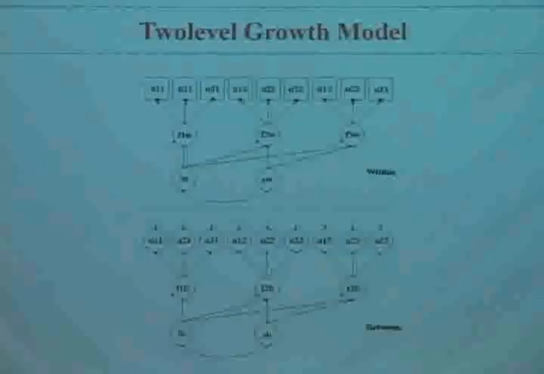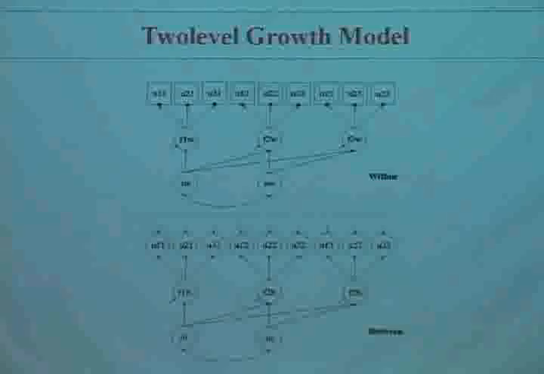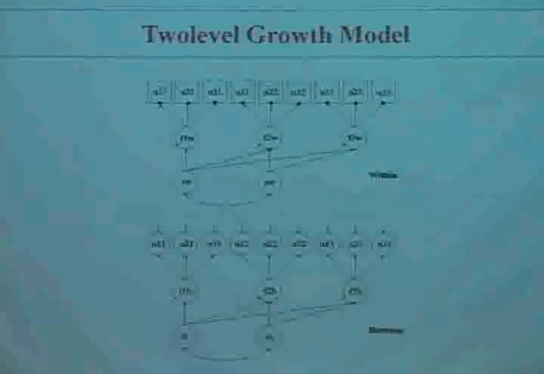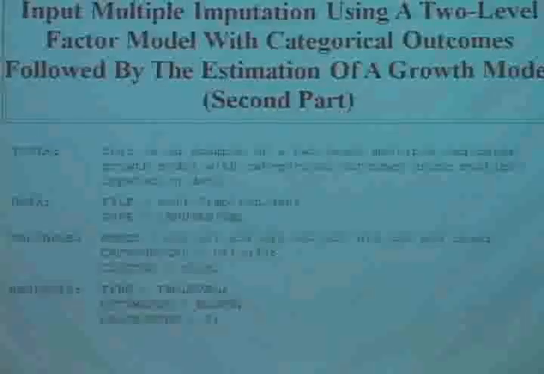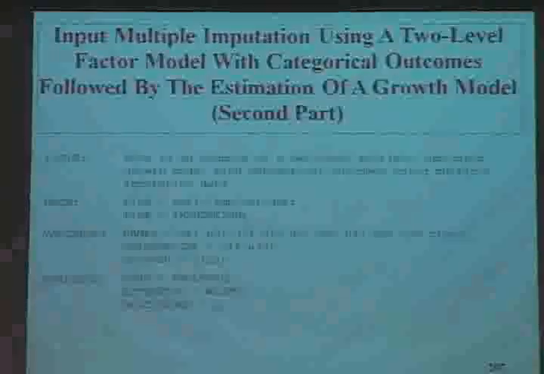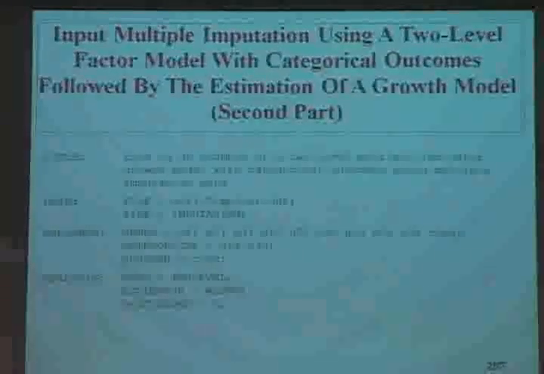Okay, and now once you've imputed the data, you can analyze it with something a little more complicated, because the imputed data might be a little tricky to estimate. But you can use weighted least squares to estimate this model, and weighted least squares is fairly robust, so you won't have any problems.